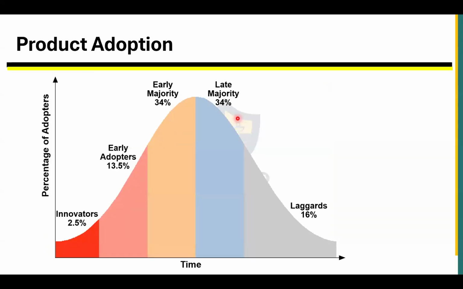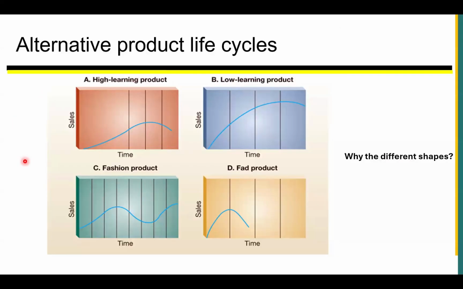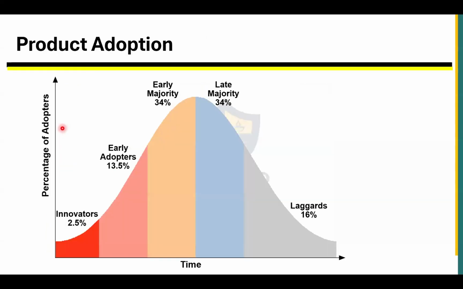If you take why there are life cycles, it is because consumers and their behaviors impact the life cycle, which causes these shapes.